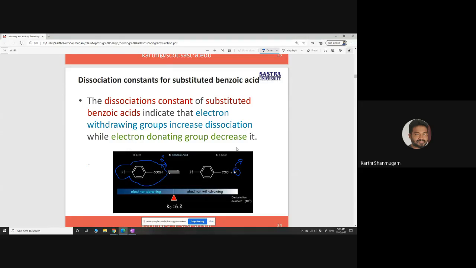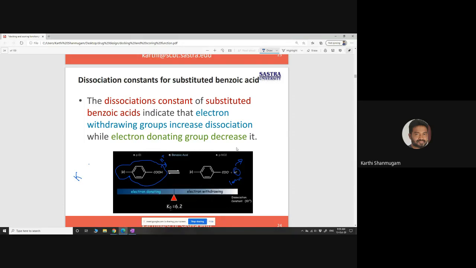We cannot expect 100% dissociation. Only part of the benzoic acid will be dissociated. This reaction will not be 100%, right? So what he did is very simple. He calculated the K value for this reaction. In the previous slide, I showed the formula for calculating the K value.